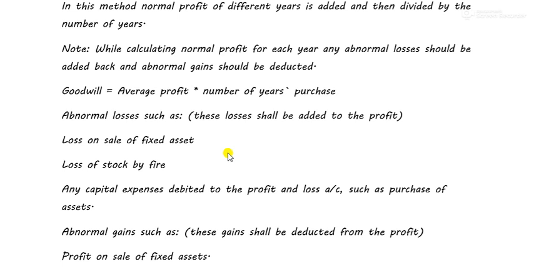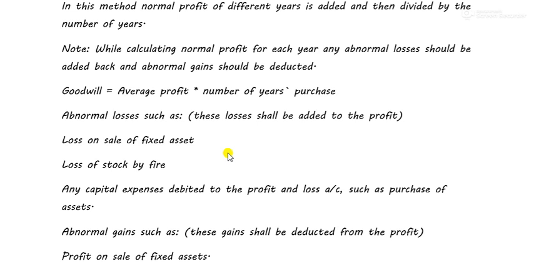Now there are some things that you should know before calculating the profit for the year. I didn't say average profit, I said profit for the year. Average profit is to add all the profit of the years and divide by the number of years.